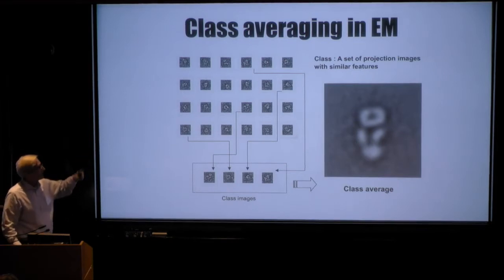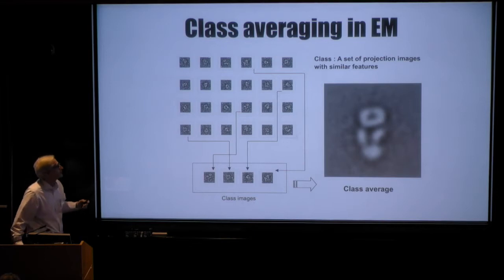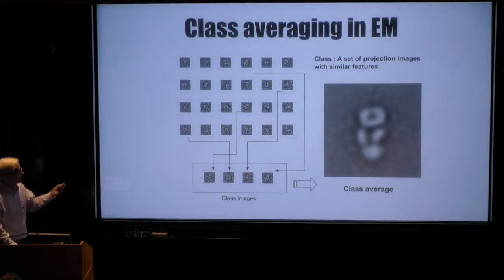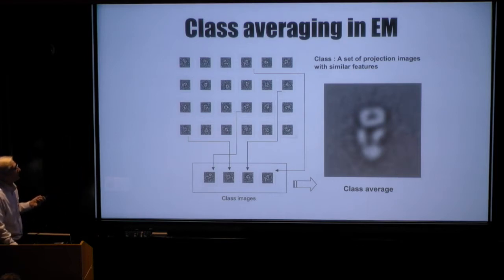But on the way, I'll talk a little bit about some other work that we've done in my lab. In particular, we worked on some class averaging methods, in particular for negative staining, which is a different story than EM, slightly different, but has a lot of commonality.